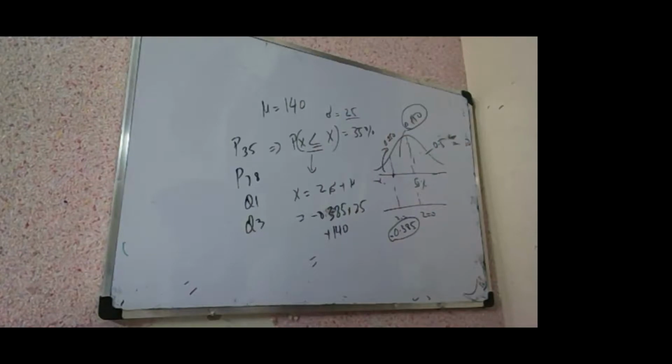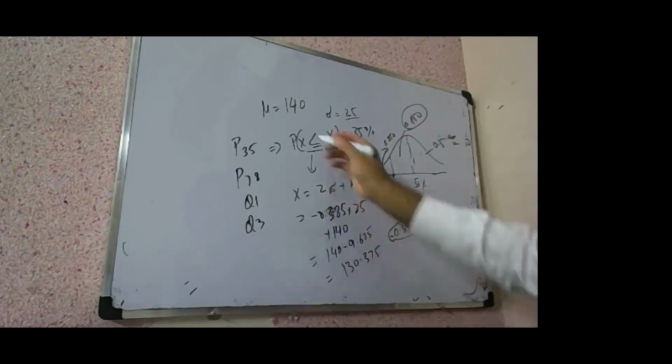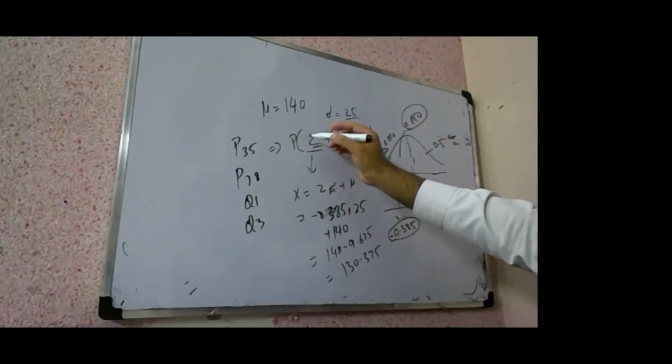0.385 times 25, it gave me 140 minus 9.625. So it will be 130.375. This is 130.